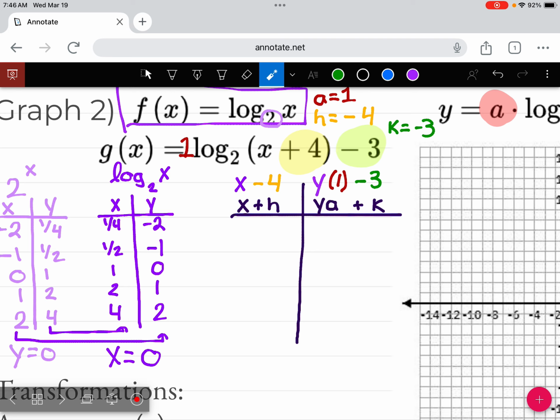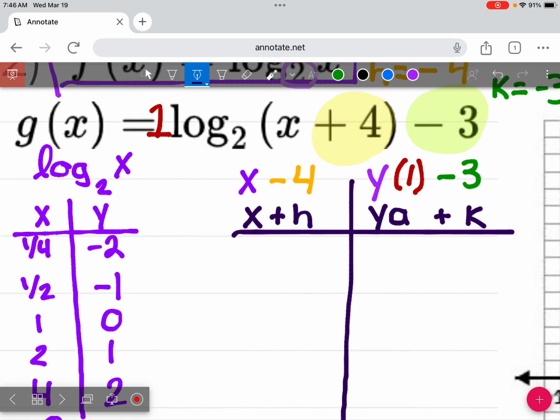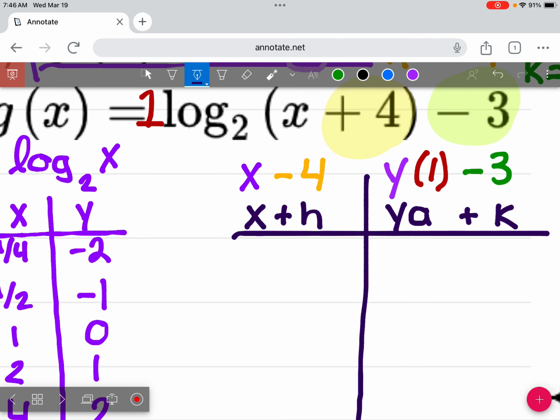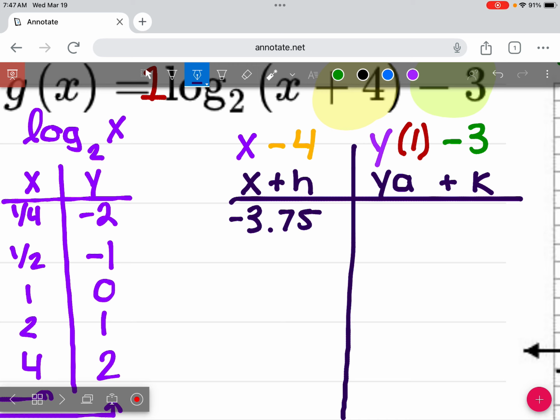All right, so yeah, we are going to wind up with some fractiony, decimally, gross x's, and that's okay. On our very first one, our 1/4 minus 4, we get negative 3.75, or negative 3 3/4. For our 1/2 minus 4, we get negative 3.5.